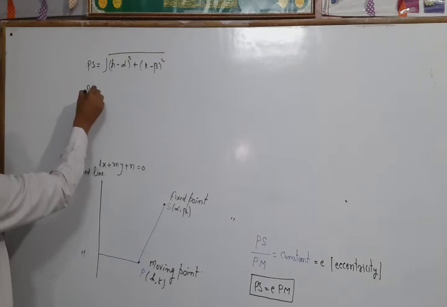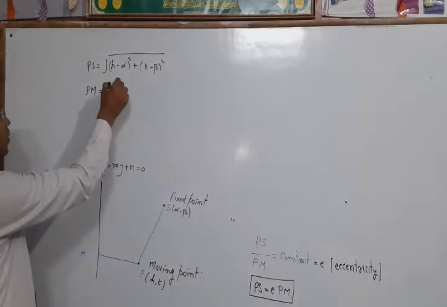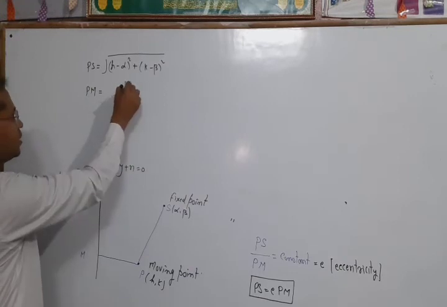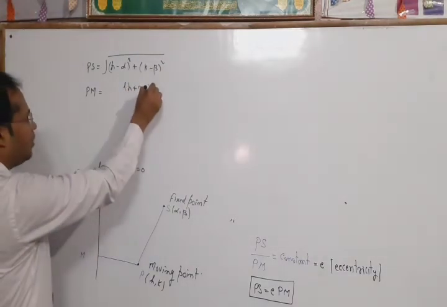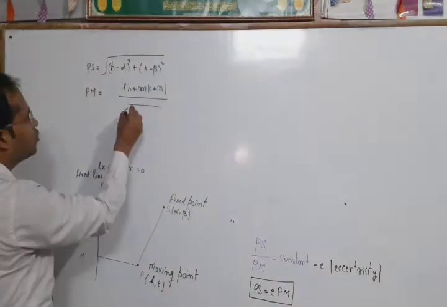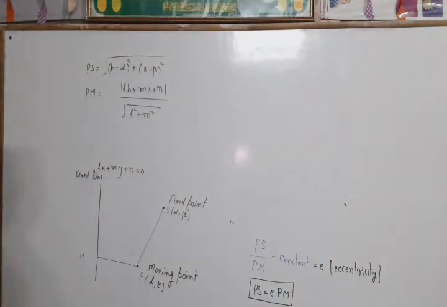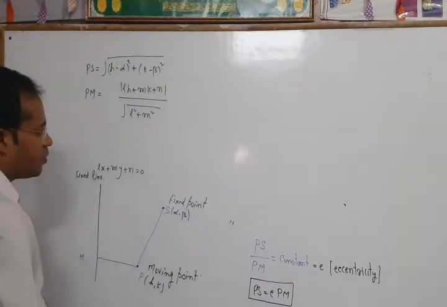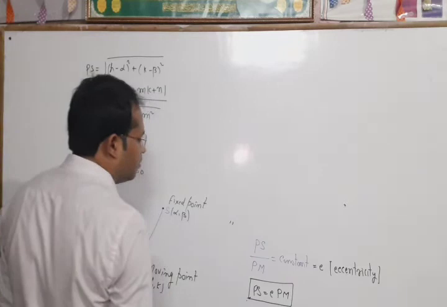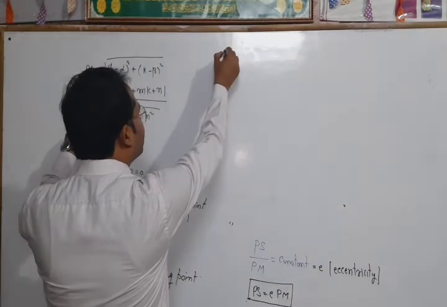The value of PM is the modulus of Lh plus Mk plus N, upon the square root of L square plus M square. It is the given condition. By putting the values of PS and PM in the given condition, what was the given condition?